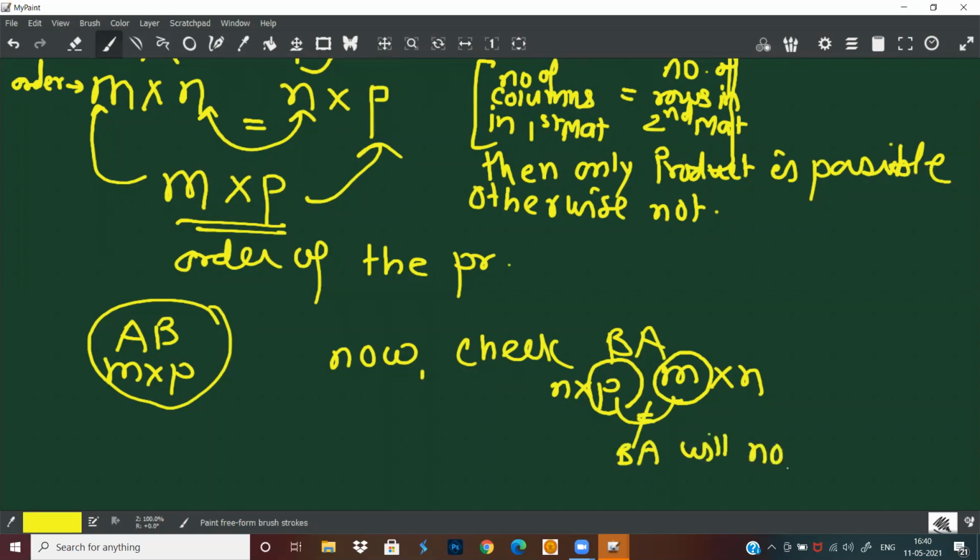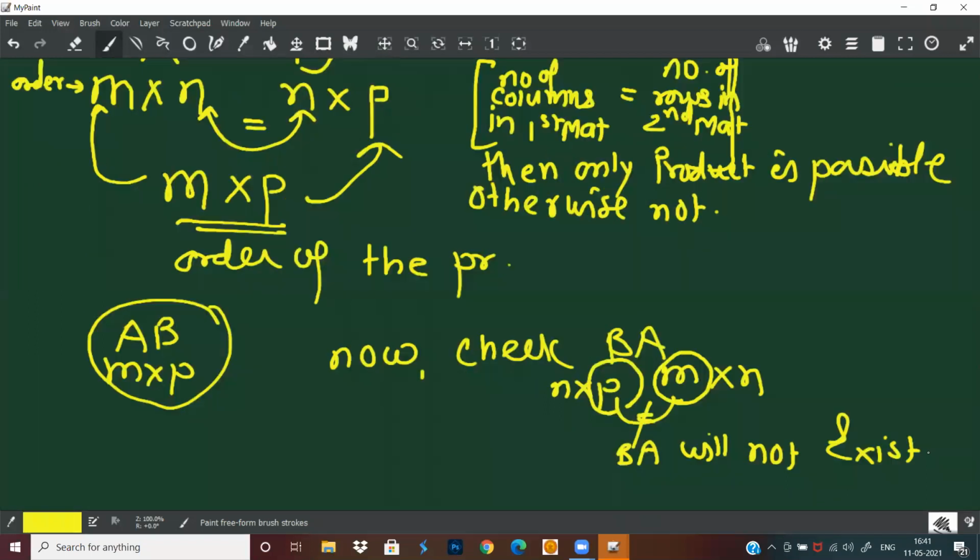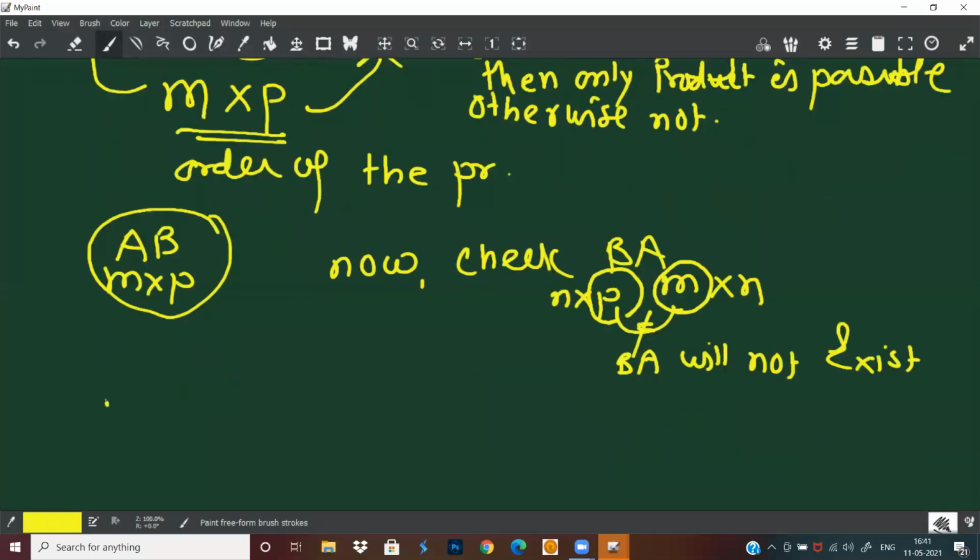The number of columns of the first should be equal to the number of rows of the second. Then only the product of the two matrices is possible. So here AB is possible, but BA is not possible. So remember that AB is not always equal to BA, because sometimes BA does not even exist. So the product is non-commutative.